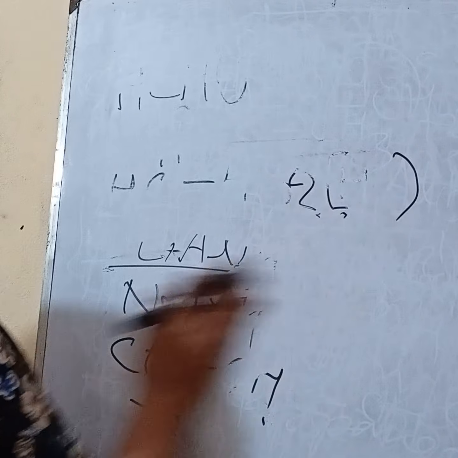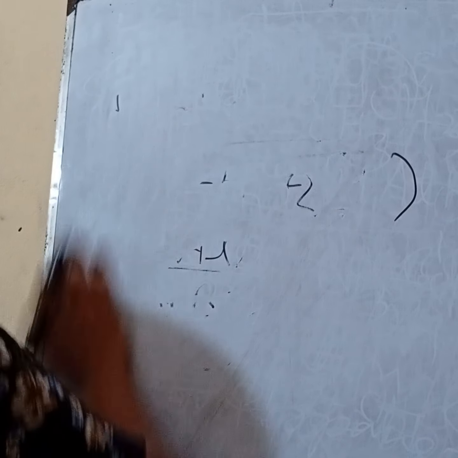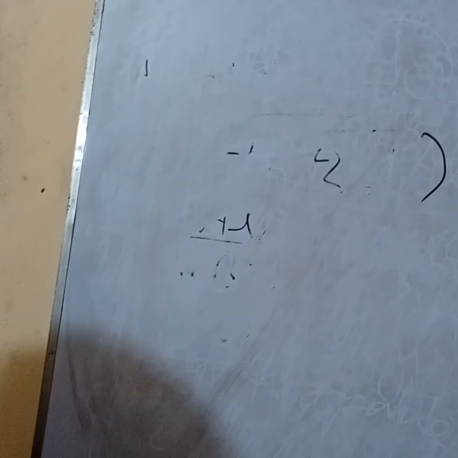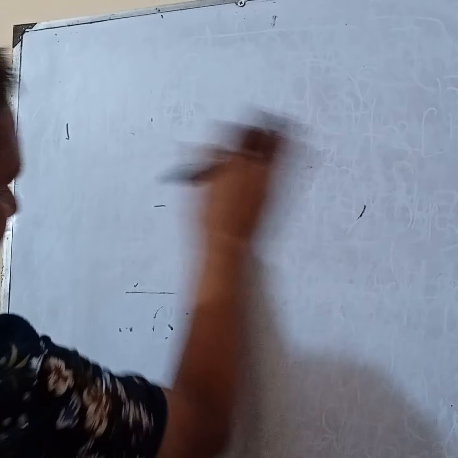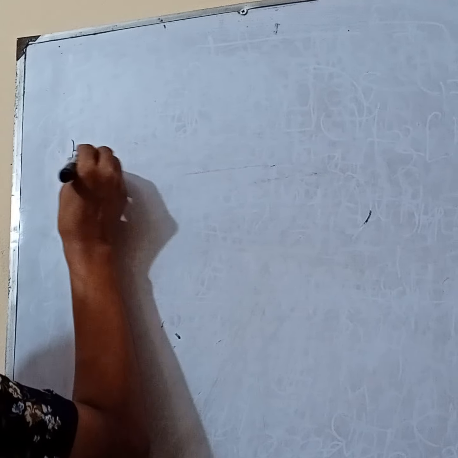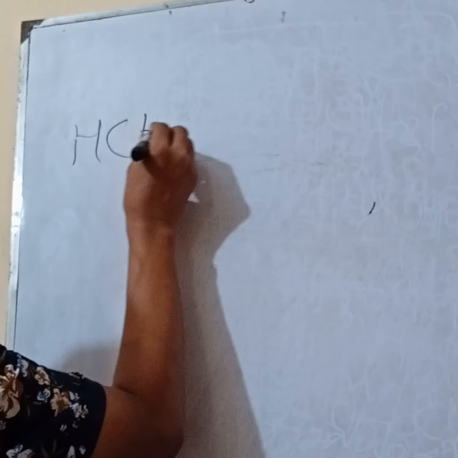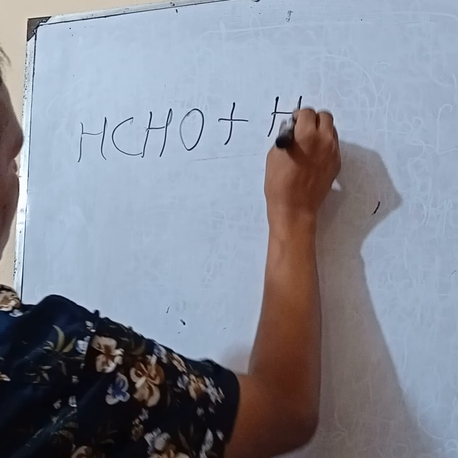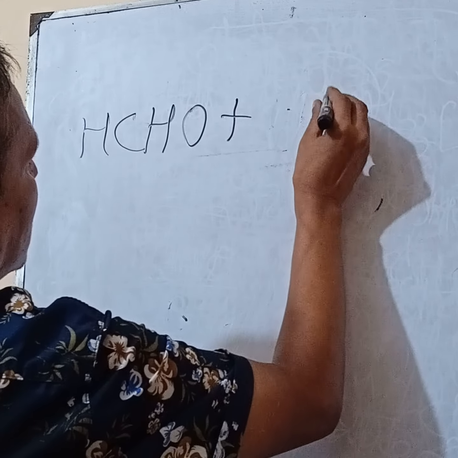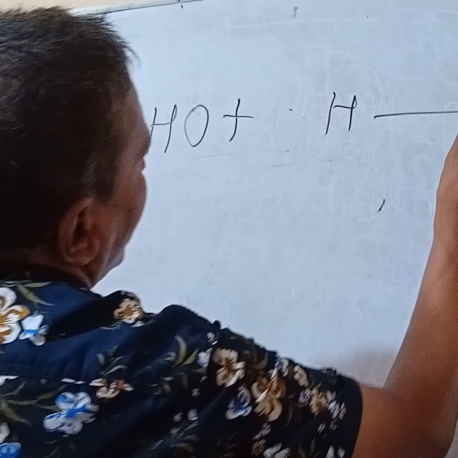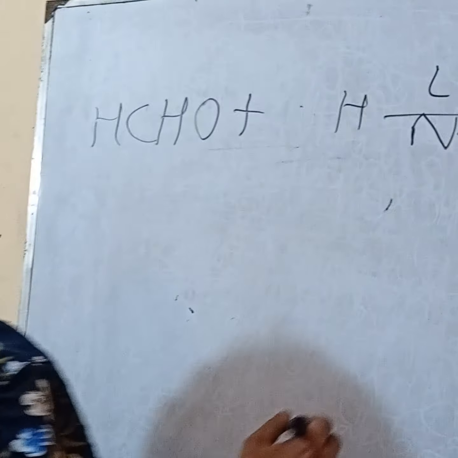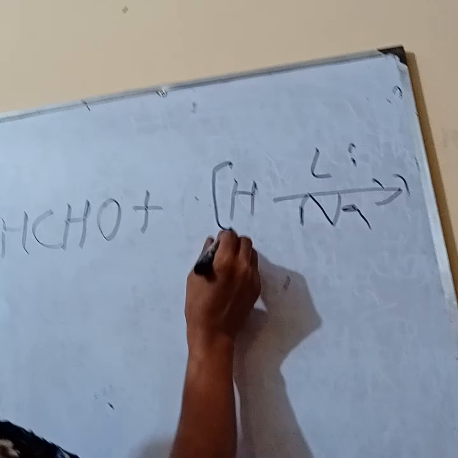Then we calculate the other thing, methanoic acid. Synthesis of methanol with lithium aluminum hydride or sodium borohydride, and then how much hydrogen is needed?